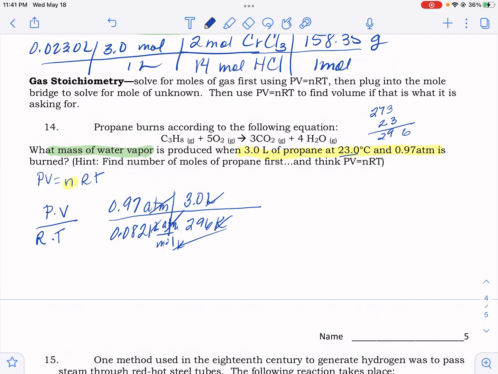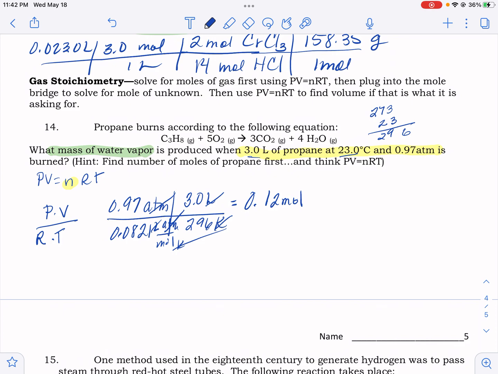Now, even though I'm not technically wanting to work these out, I'm going to give you guys this answer. Next time, I'll run them all in together. 0.1197, which I'm going to round to 0.12 because 2 sig figs. But again, you're not worrying about that right now. So now we're on the bridge. This is our known amount of moles.